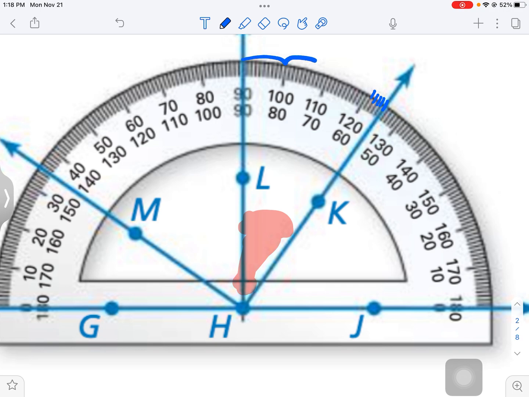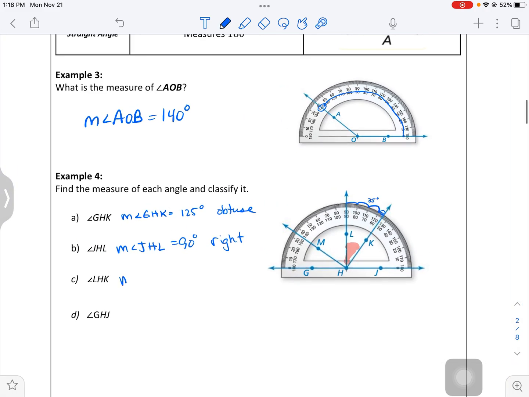That's 10, 20, 30, and then we had 5 more, so it's 35 degrees. So the measure of angle LHK equals 35 degrees. And because it's less than 90 degrees, it is an acute angle.